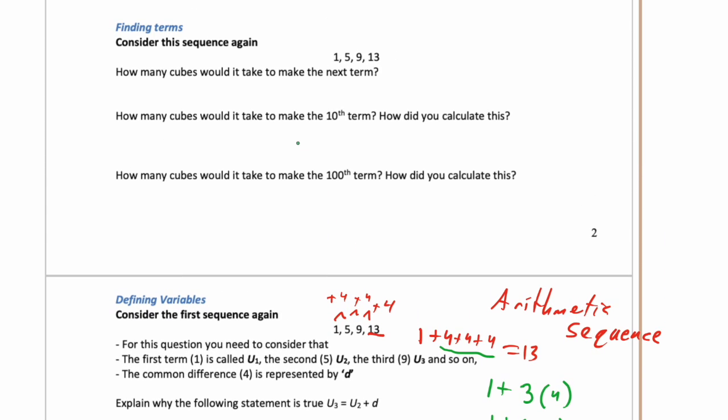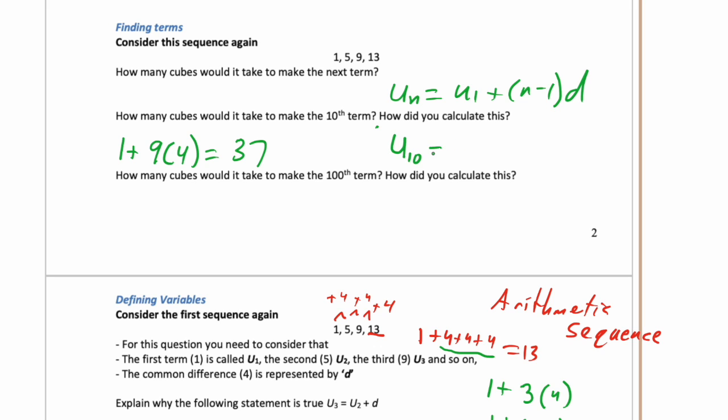So if you want the 10th term, logically you do 1 plus, we'd be adding 4 nine times. So this is what you get. 36 plus 1 is 37. Using the formula, you would write it like this. Let me write out the formula from the formula booklet again: u_n equals u_1 plus n minus 1 times d. What we're getting is u_10.